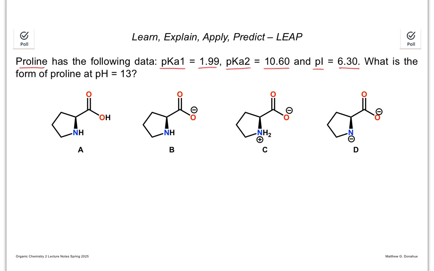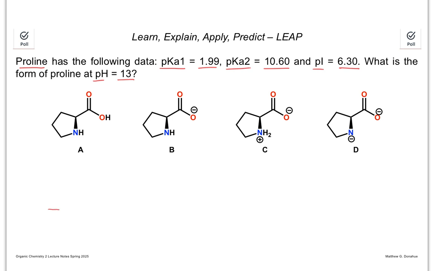What is the form of proline at pH 13? So to solve these, what I like to do is just draw the pH scale, put in these different pKa values, put in the pI value, and then determine what pH the system is at.